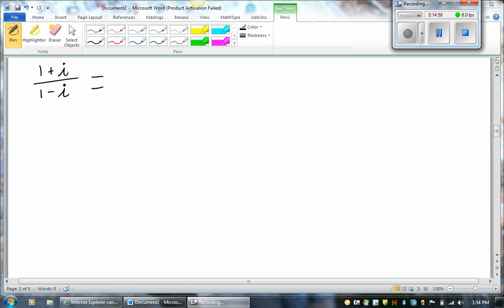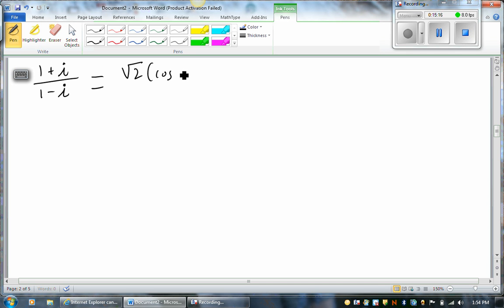And we found, by using our trig techniques for changing this into complex trigonometric notation, that it was radical 2 times the cosine of 45 degrees plus i times the sine of 45 degrees.